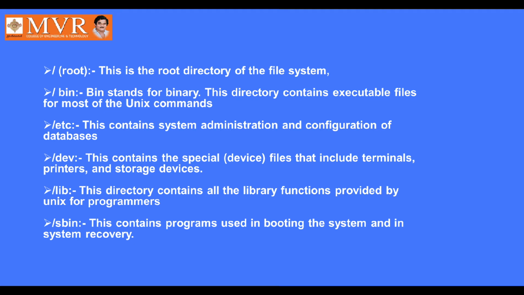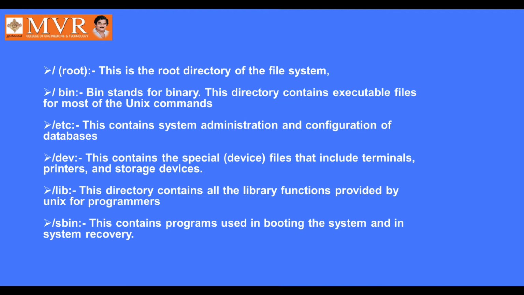Similarly, the information about any printers attached to your network will be stored, and if you have any external storage devices, their information will also be stored in this directory. These files contain device numbers that identify devices to the operating system. For example, a terminal will be designated as slash dev slash tty1, which indicates that terminal 1 is the number given for the first system.